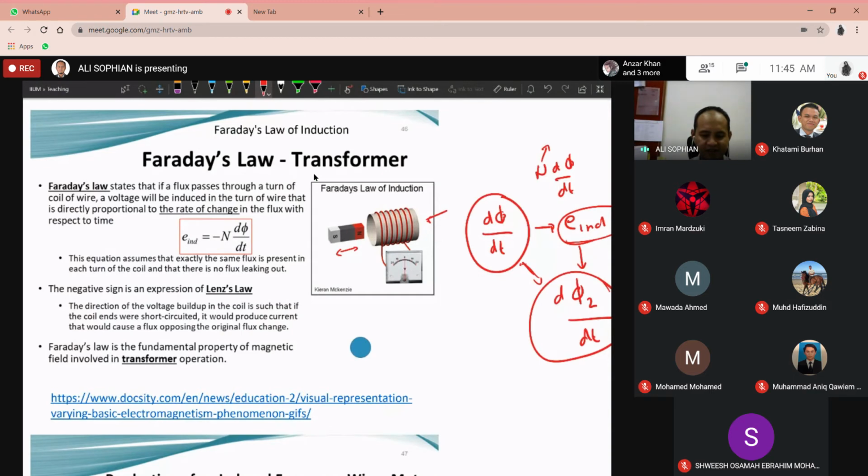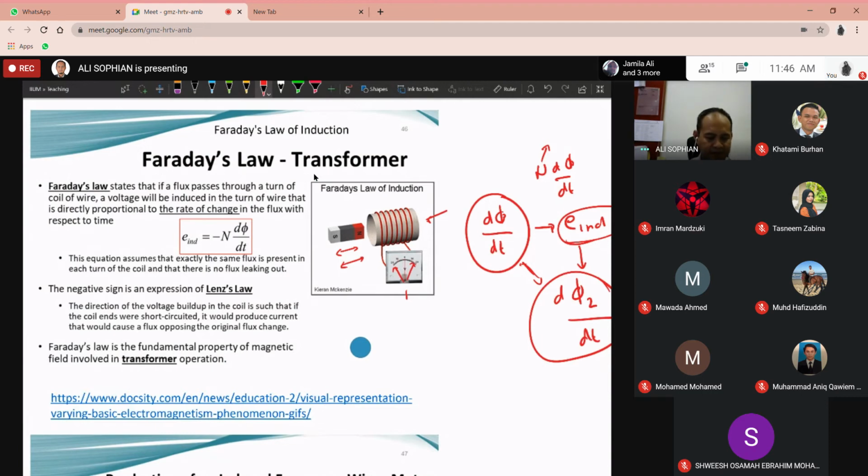If it is stationary like this, then you will not see any output. The output will just be 0 volt registered by the voltmeter. But if you move it closer and then further away, then voltage will be induced in changing polarity depending on the direction of the motion of the magnet bar.